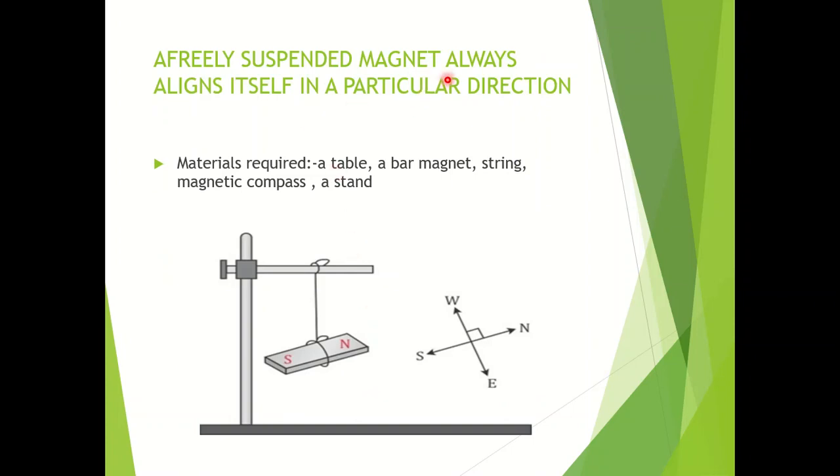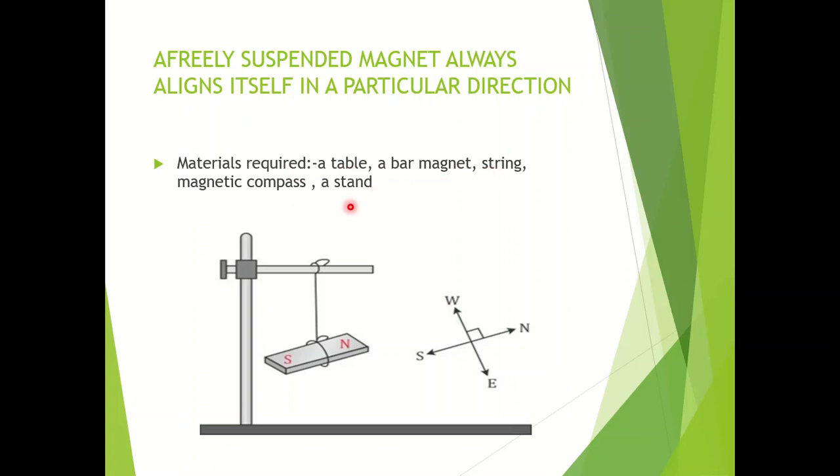A freely suspended magnet always aligns itself in a particular direction. So we will find out how a freely suspended magnet aligns itself in a particular direction. For this we need materials: a table, a bar magnet, string, a magnetic compass and a stand.